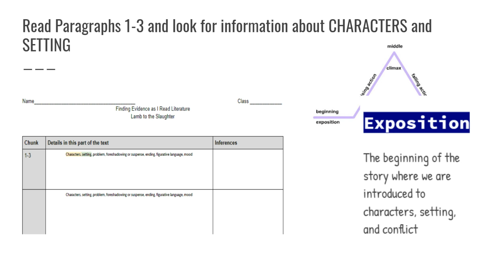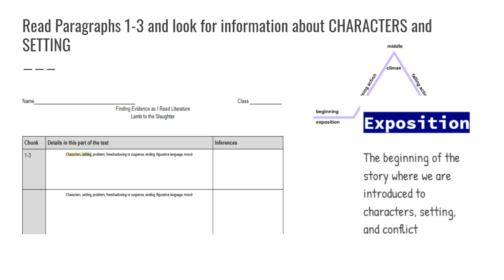For just paragraphs 1 to 3, I want you to highlight or circle or underline characters and setting. The reason I picked those two is because the beginning of the story is the exposition. We've talked about that. In the exposition, we get introduced to character, setting, and conflict.